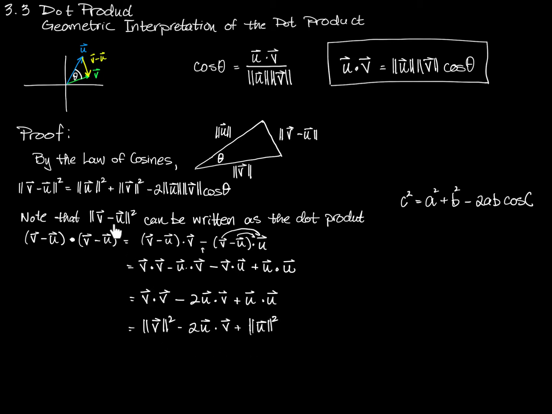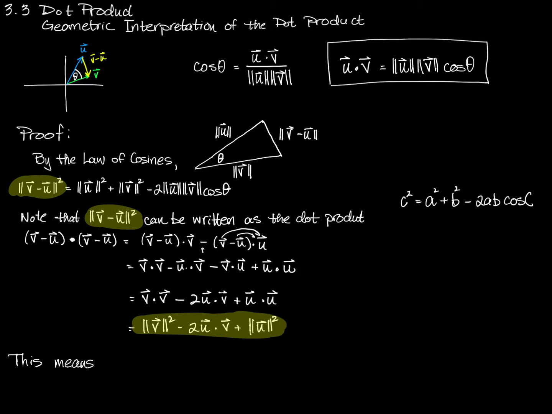In other words, this thing right here, this magnitude v minus u squared, is equal to this other way of writing it. So what I'm going to do now is take this version of the law of cosines and substitute this. I'm going to highlight this. I'm going to substitute this version, or this way of writing this, in for this guy here. So that's going to go there. Every once in a while my pencil just stops working.